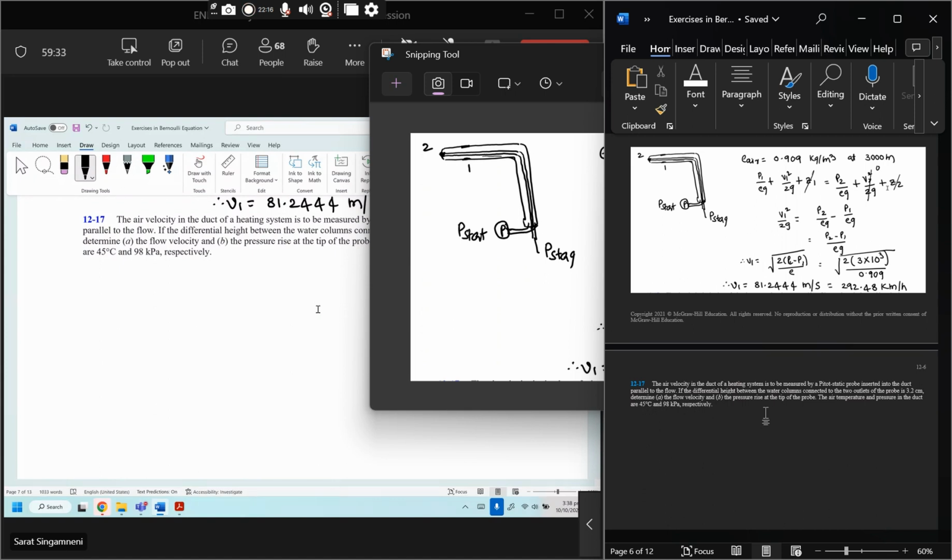Again, this is a very similar problem to the previous one. We apply the Bernoulli equation in a similar way, and the only thing that is not known here is, for those conditions, rho of air, which is 1.074 kilogram per meter cube.